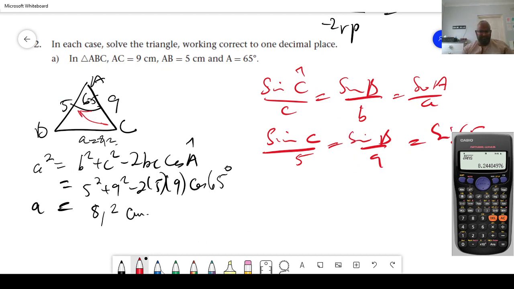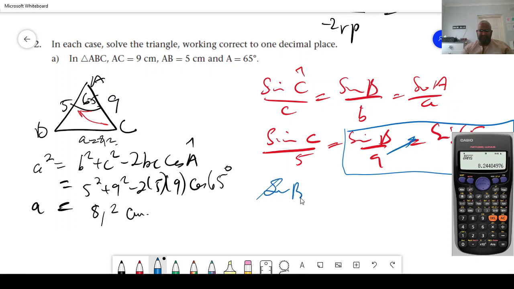Okay, let's change my color here and calculate angle B. I take 9 up, so sine of angle B is equal to 9 sine 65 over 8.2.